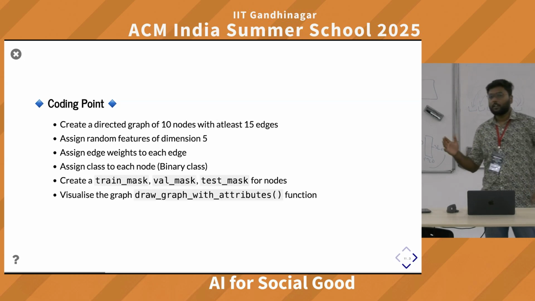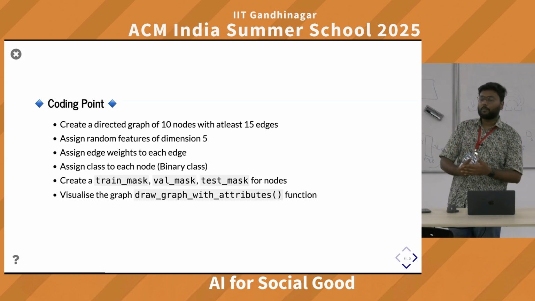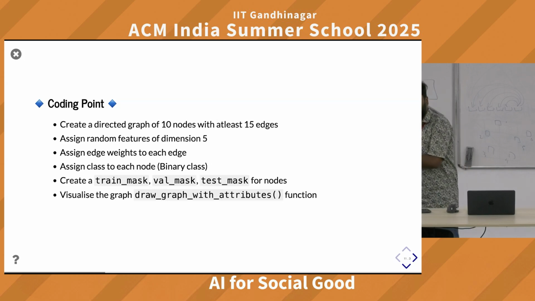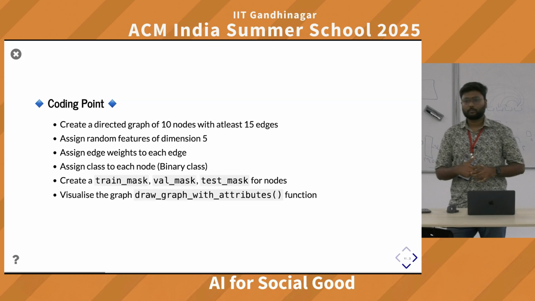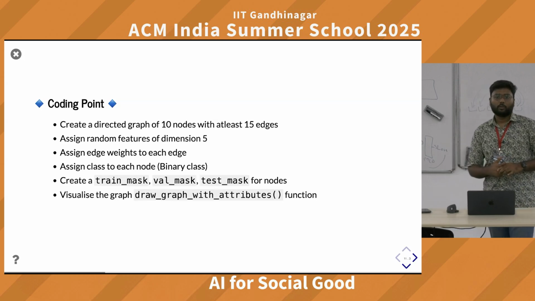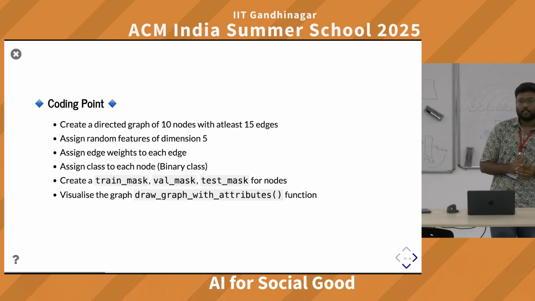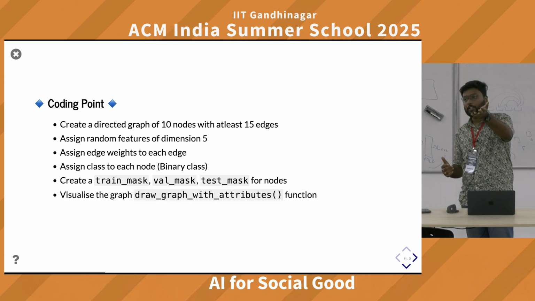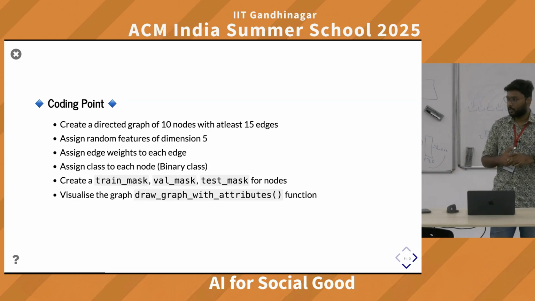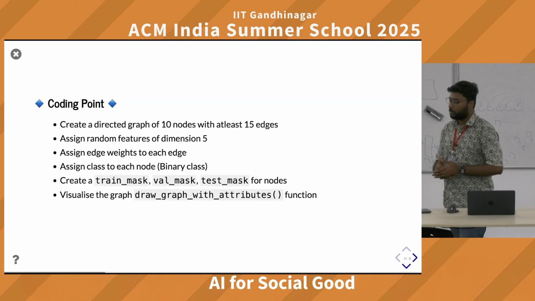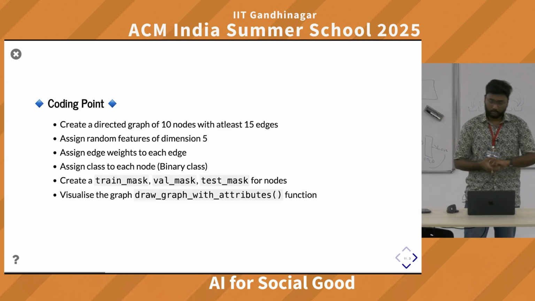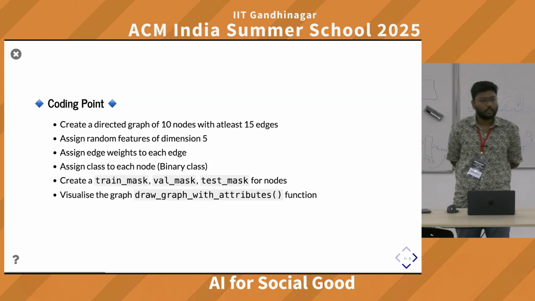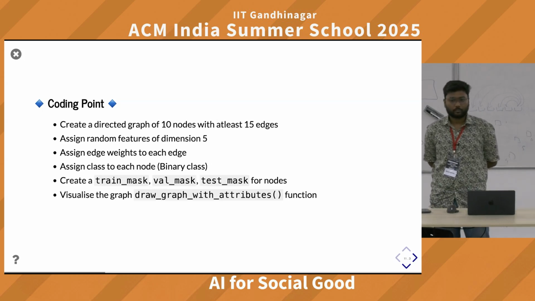Obviously, there should not be any overlap. And there is already a function, draw graph with attributes. Use this function to plot the graph. I'm giving you around 5 minutes. Just see what you can do.